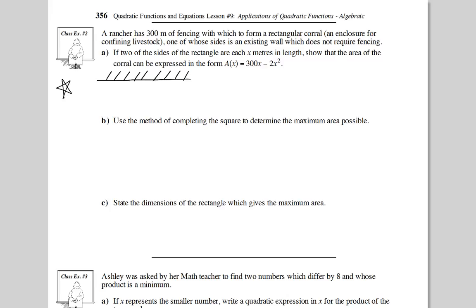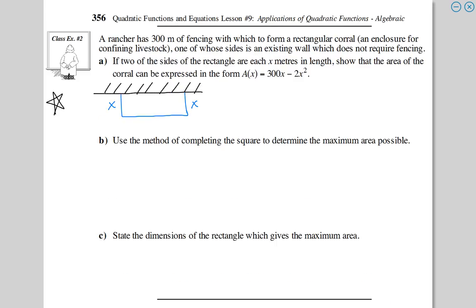It says if 2 of the sides of the rectangle are each x, so which ones would those be? The ones running vertically or horizontally? So here and here, the 2 have to be the same, right? x and x. And then you have this. What is that length, if in total you have 300?